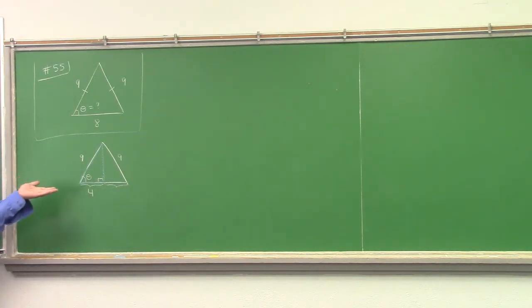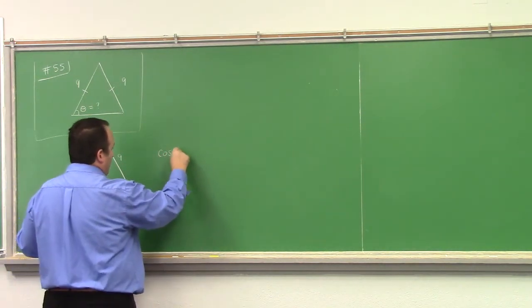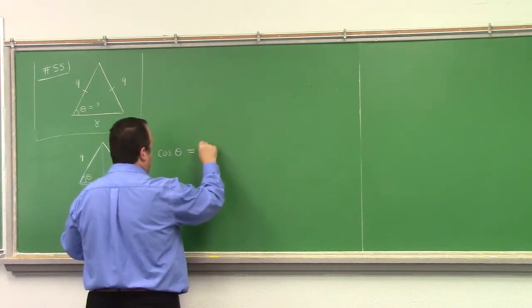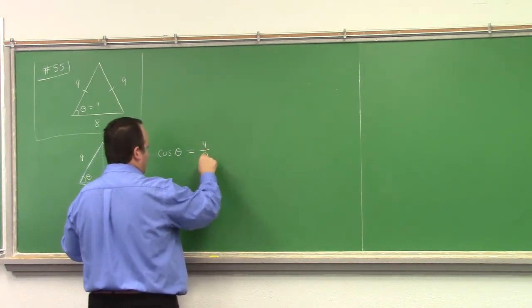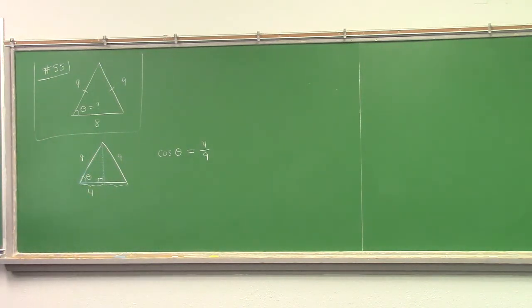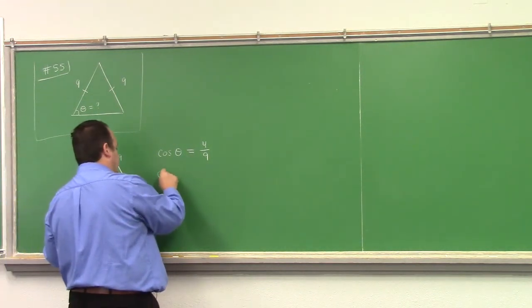Exactly. So we can use cosine. Cosine of theta is what? 4 over 9. And obviously this is not a special angle or anything like that, but we can use our handy dandy calculator. Take the inverse cosine of both sides. What do we got?